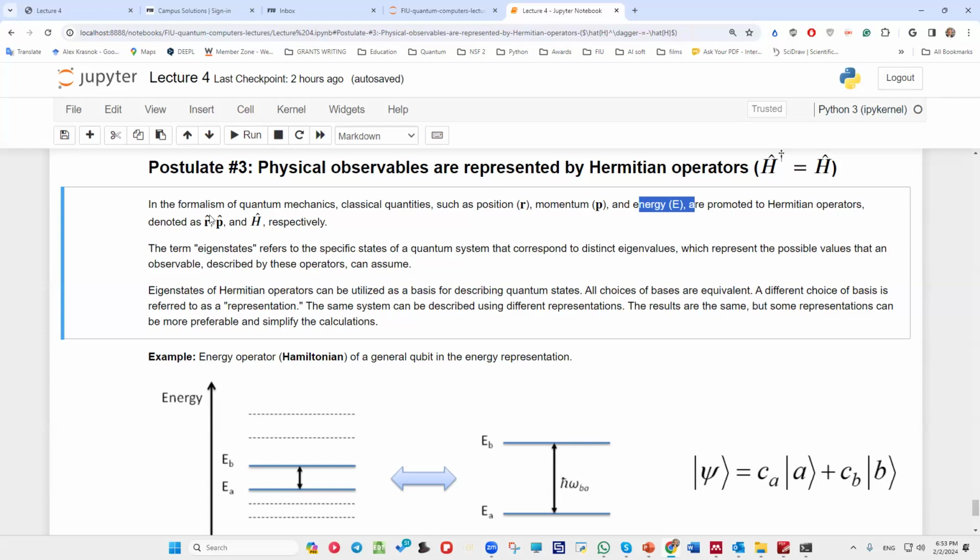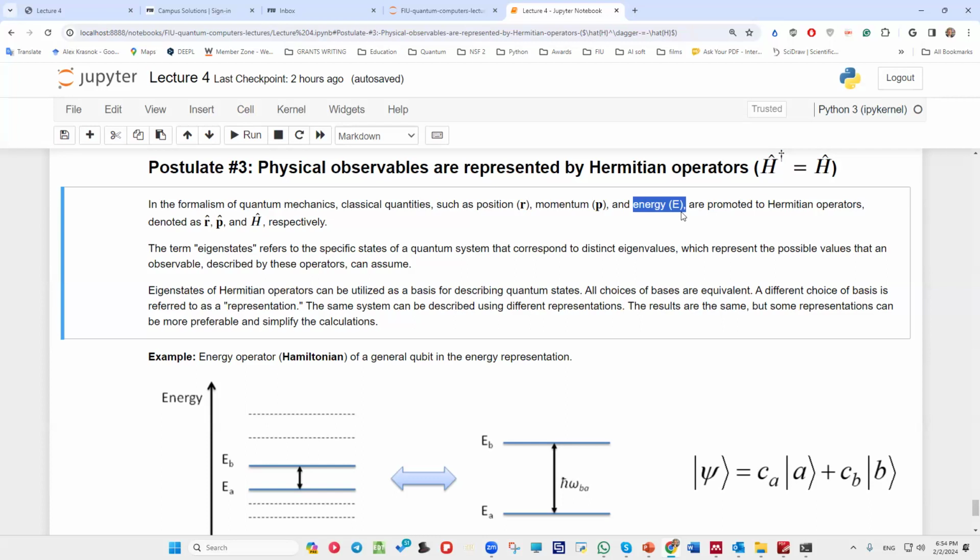And the way we denote that these quantities are operators, we put a hat on top of these letters. So this is the operator of position, this is the operator of momentum, and this H operator is the operator of energy, and it gets a specific name.